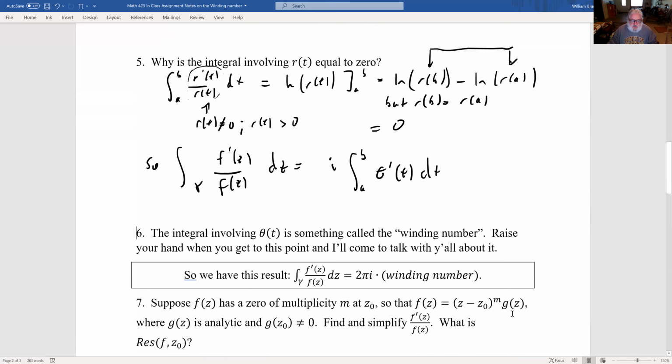And this is something involving the winding number, this integral. So we'll talk a little bit about what that means.